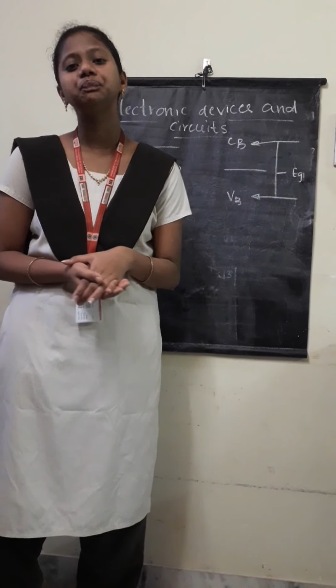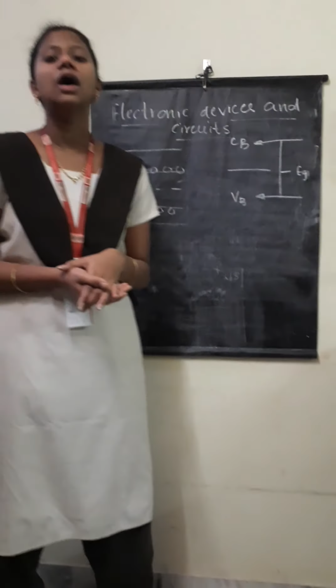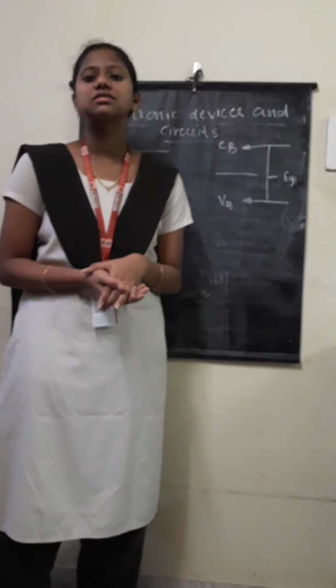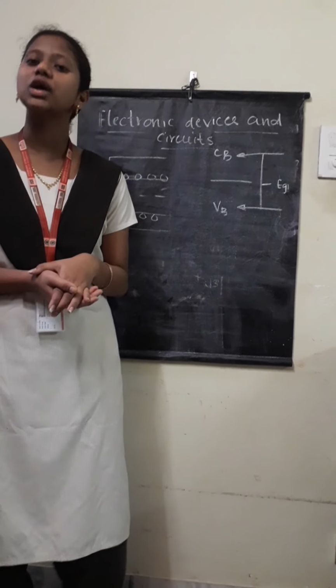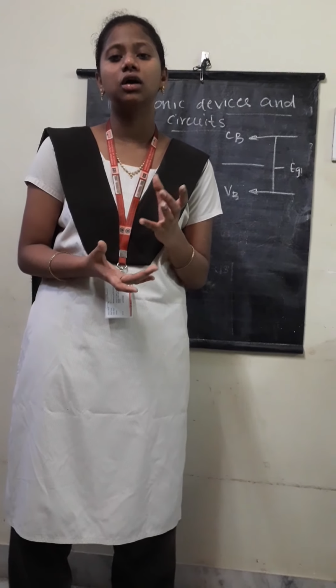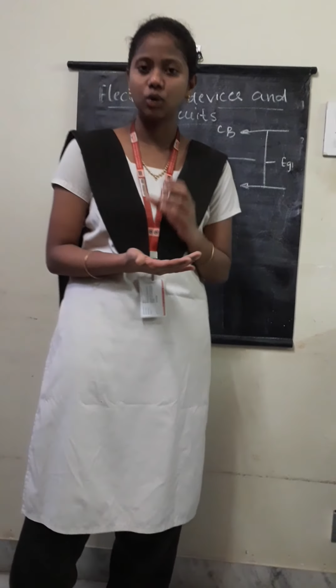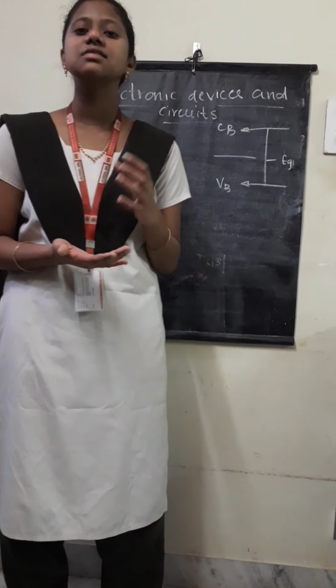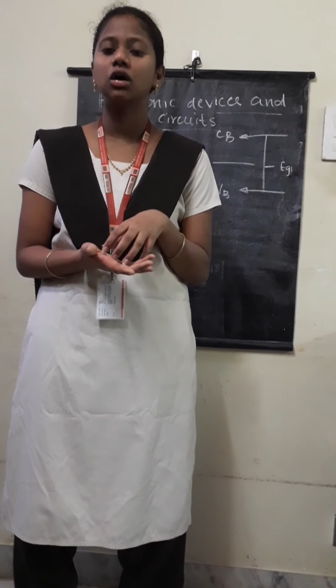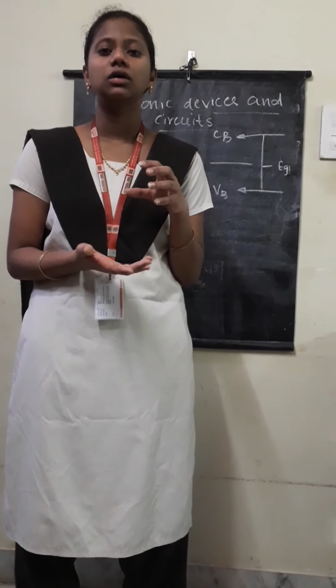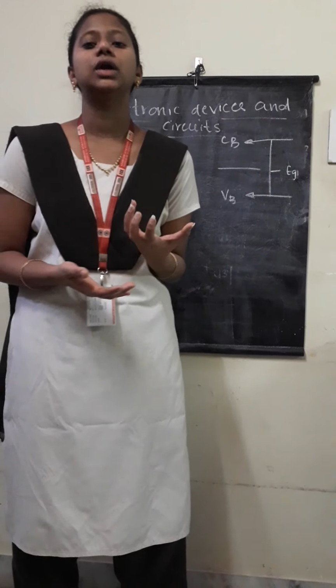And coming to extrinsic semiconductors, which are also known as impure semiconductors. Here we do the process of doping. Doping is nothing but adding a certain amount of impurities to the semiconductor to improve its conductivity.